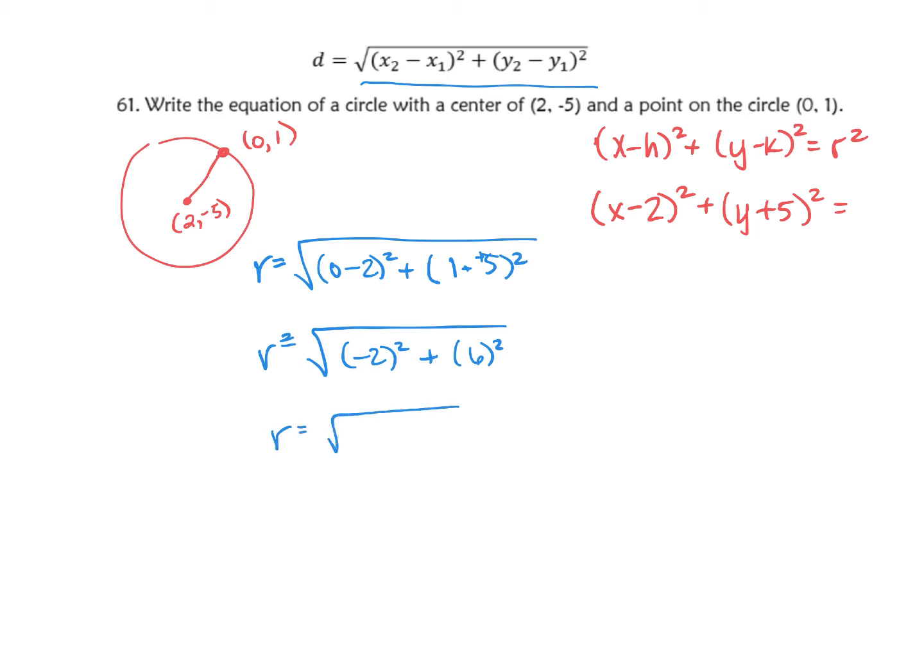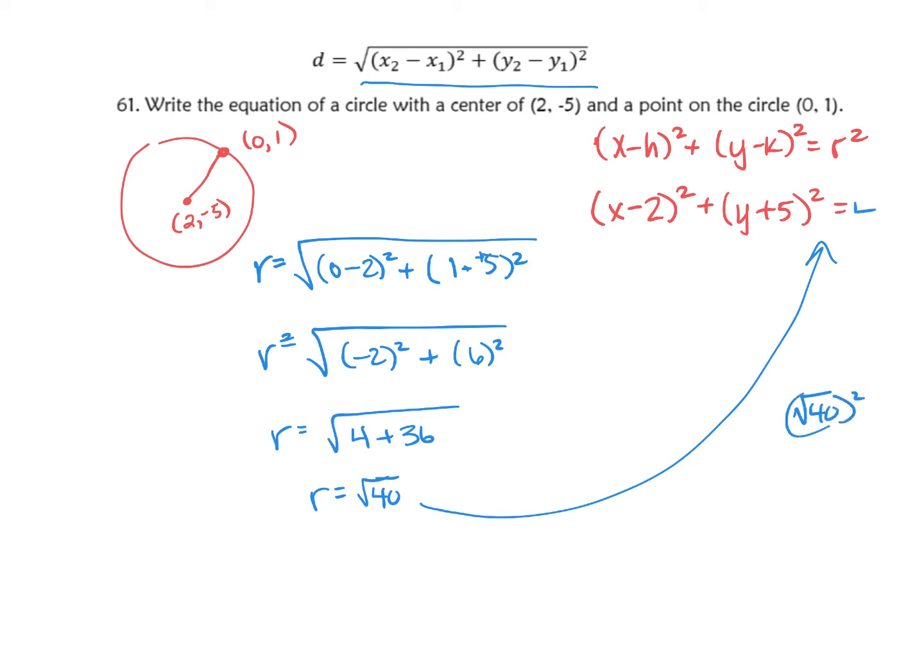So -2 squared is 4, plus 36, so my radius is equal to the square root of 40. I'm going to leave it like that because when we plug it in up here, I really want r squared. So what I'm really looking for is the square root of 40 squared. Well, the square root of 40 squared is 40.